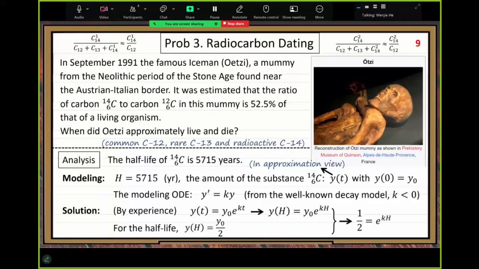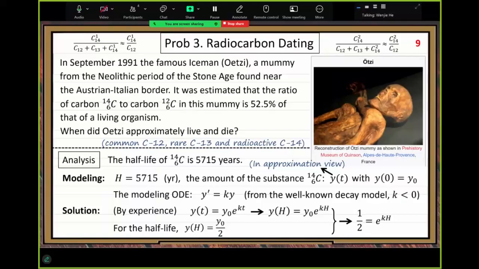You can see y0 can be canceled out. After the cancellation, we get 1/2 equals e to the k times H. H is known, so you can find the k if you want.